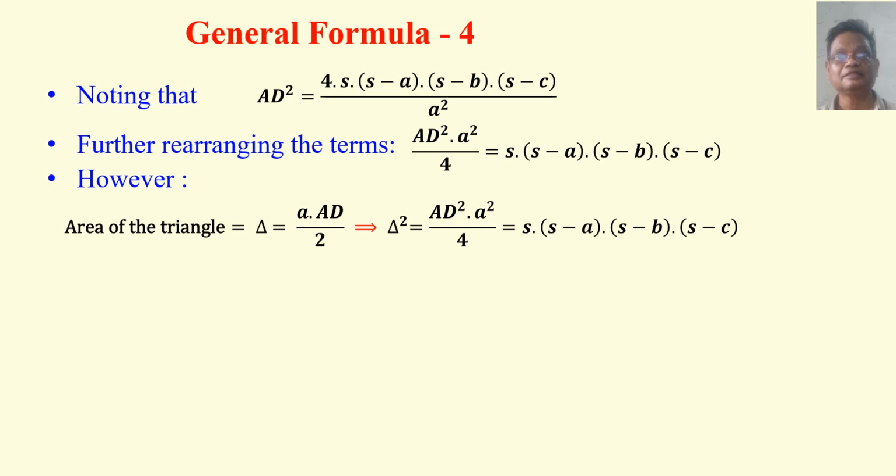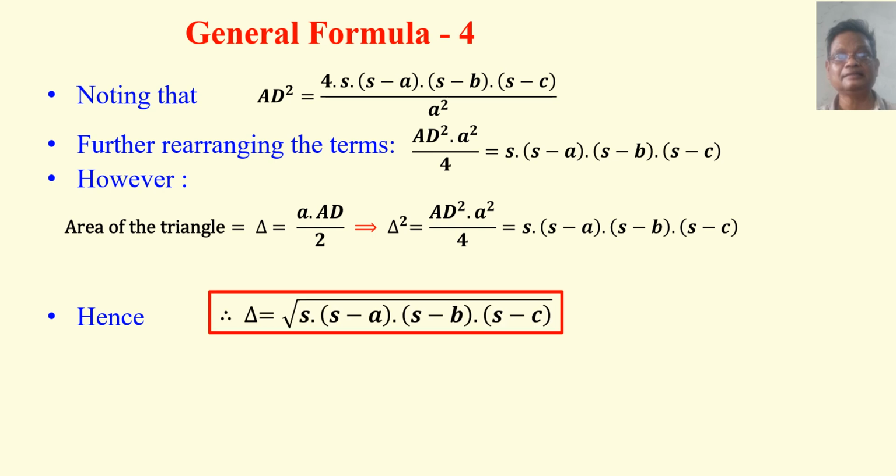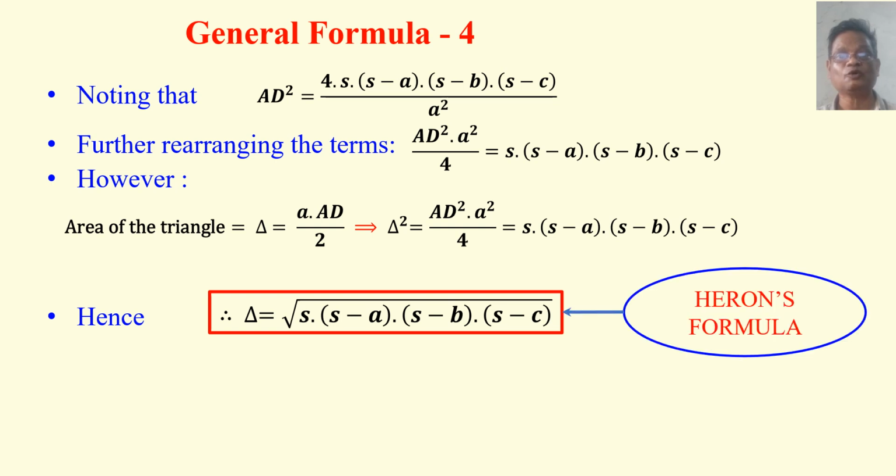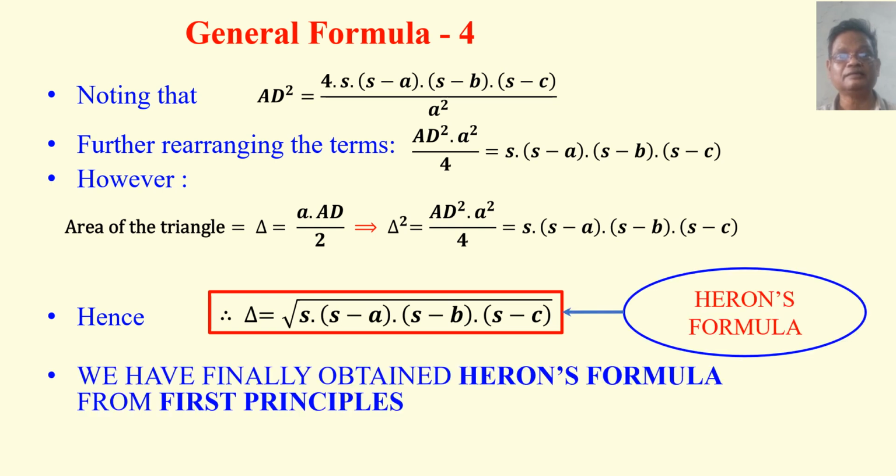Hence, the square of the area denoted by delta squared is equal to AD squared into a squared divided by 4, which is equal to s into s minus a into s minus b into s minus c. Hence, delta is equal to the square root of s into s minus a into s minus b into s minus c, which is Heron's formula. Finally, we have obtained Heron's formula from first principles.